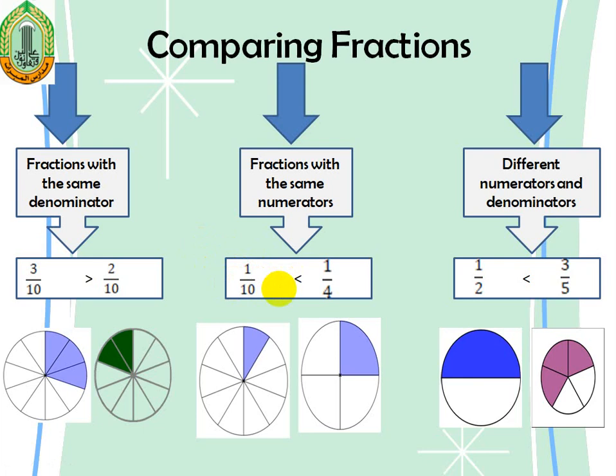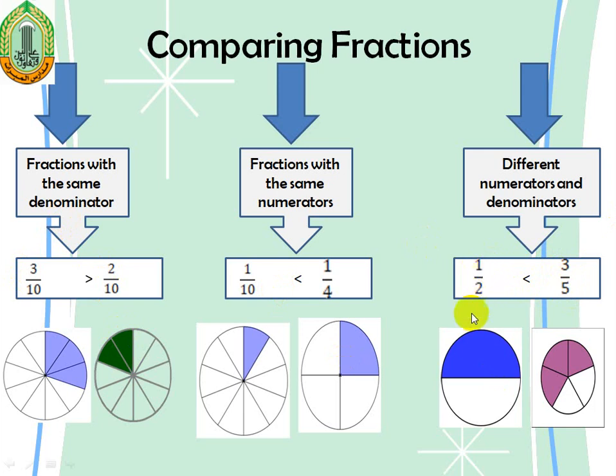The third case is when having different numerators and denominators. In this case, we could unify the denominators. For example, 1 over 2, 3 over 5, different numerators and different denominators.